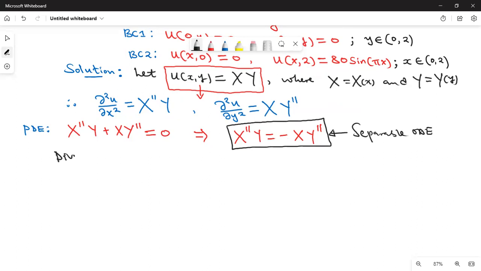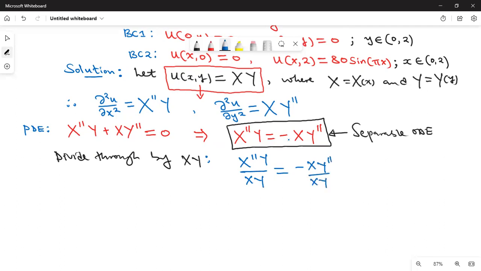We divide through by X times Y, so that upon division, we are going to get X double prime Y over XY is equal to negative X Y double prime over XY.